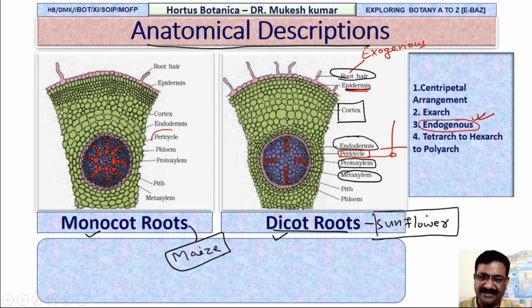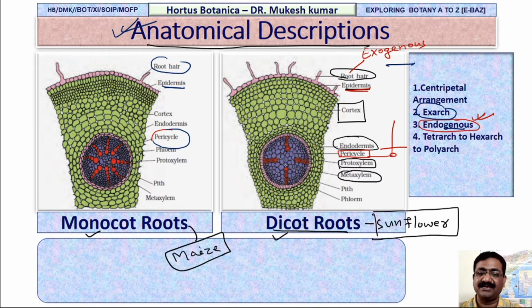So I explained to you through this anatomical description how roots are arising from pericycle, root hair arising from epidermis. So it is exogenous and it is endogenous. Position is exarch, means protoxylem present outside, metaxylem present inside. Okay, the arrangement is called centripetal arrangement.